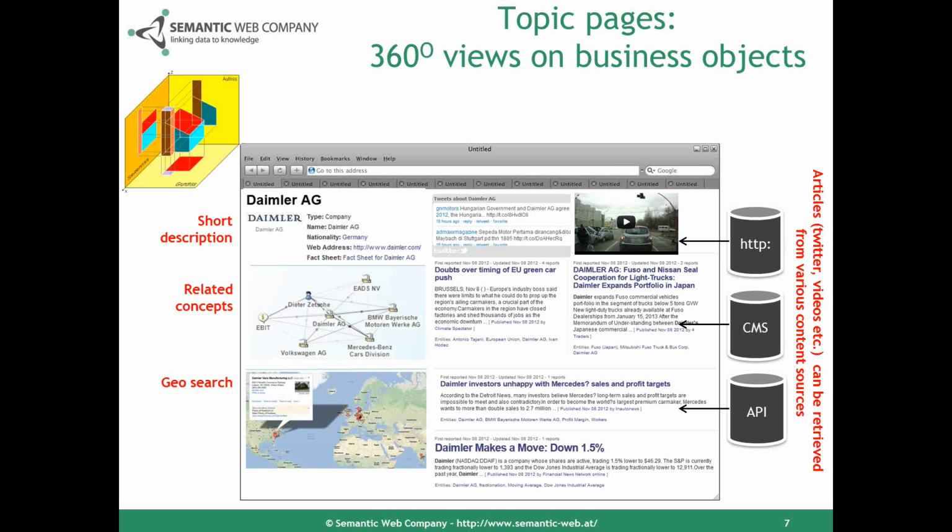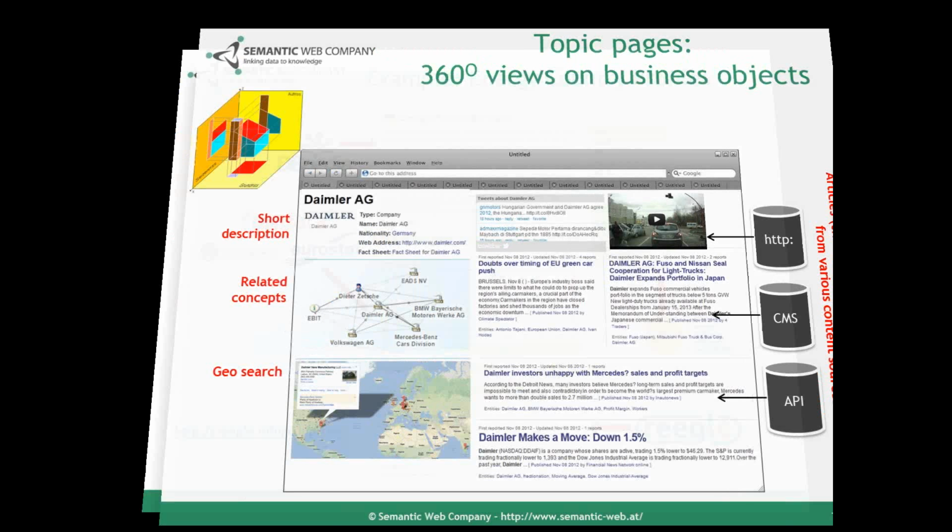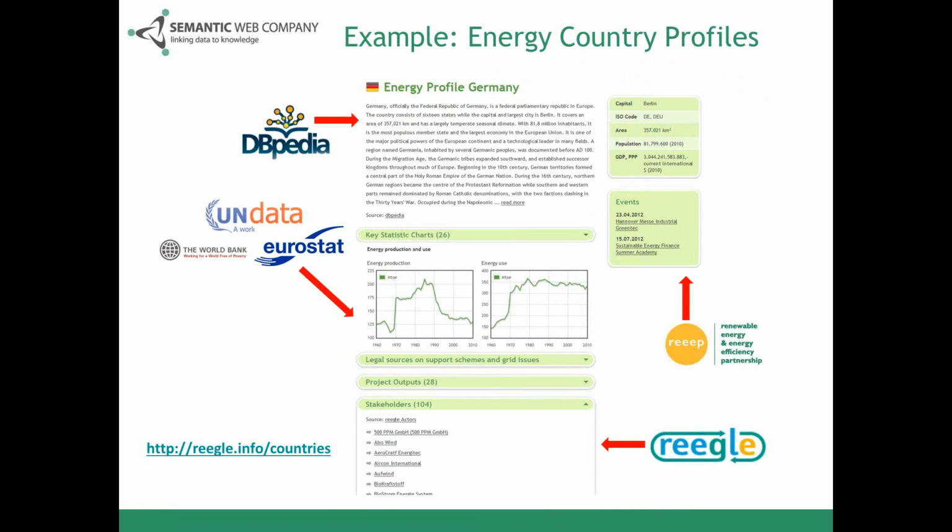In that case, a large company building cars. So you could provide people with not only these content mashups, but also with search assistants like displaying related concepts. If you had a knowledge model in the background, you could provide geographical search and things like that. So that's the basic idea about topic pages.